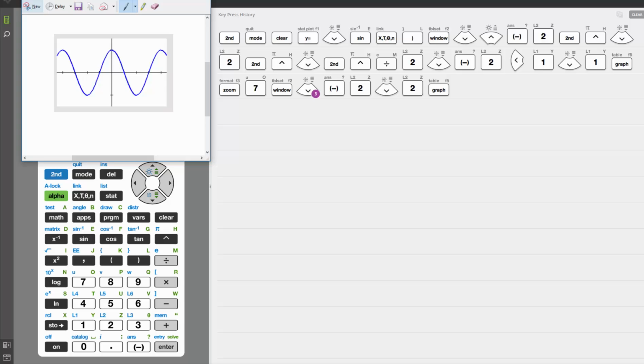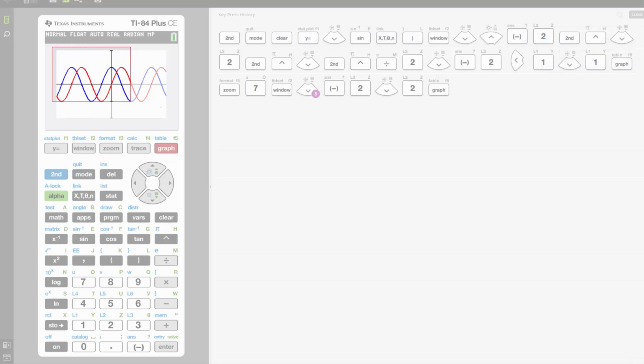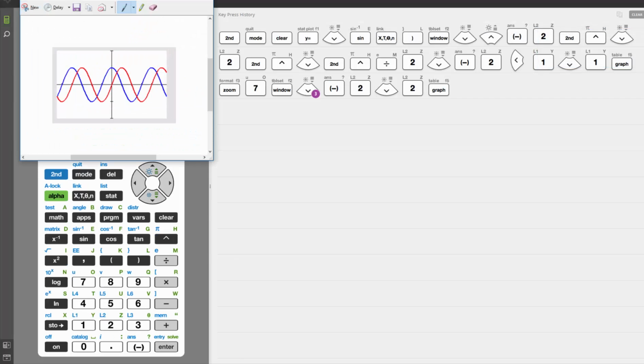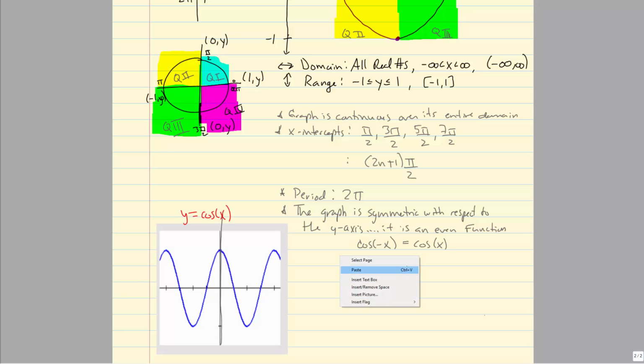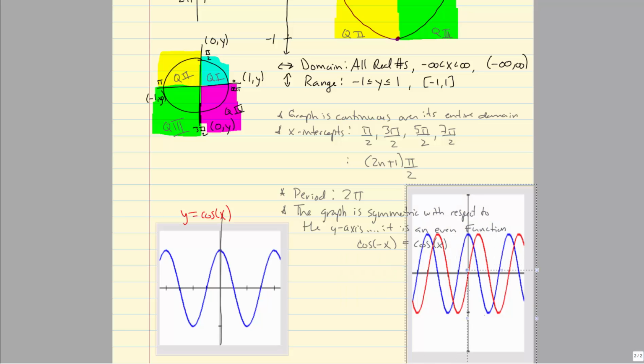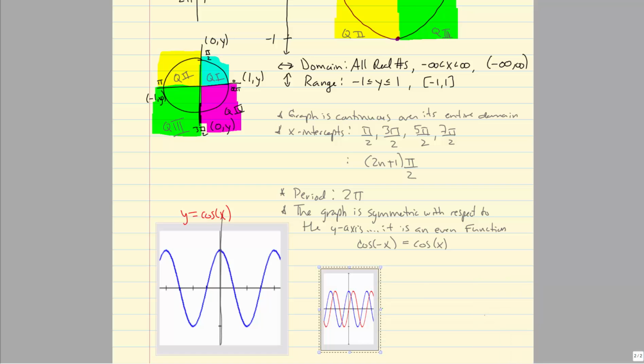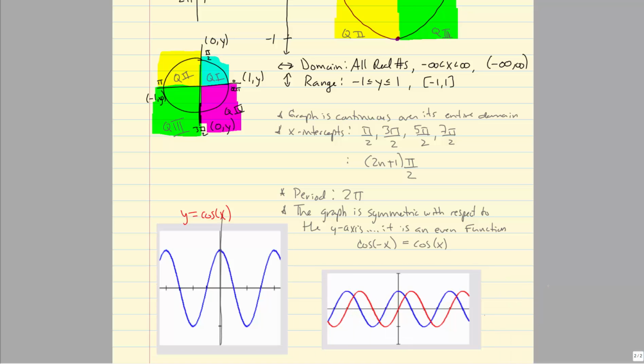So I'm going to pop this in there just because it's an interesting curve. Leave a little bit more room here. Okay, so the blue was the cosine graph, and the red is the sine graph.